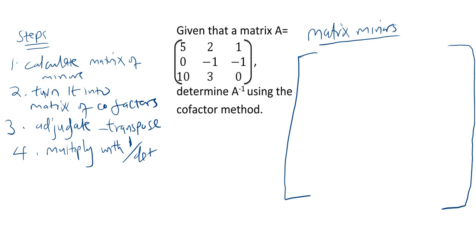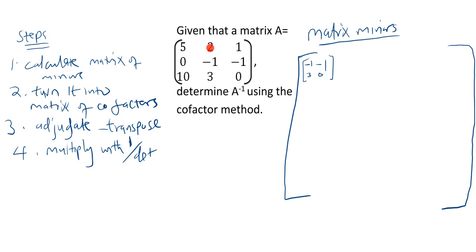The minor matrix is when, for example, for element 5, you have to ignore the column in which 5 is and also the row. If you ignore this column and this row, you remain with this matrix. So that is the minor for 5. So you write it: negative 1, negative 1, 3, 0. So you write all minor matrices for all elements.